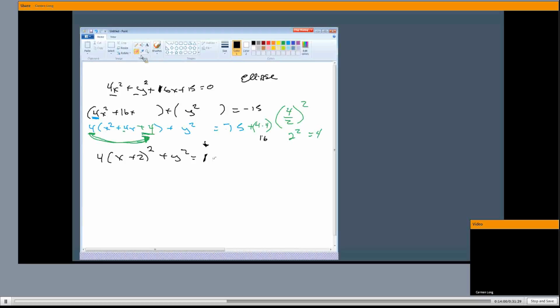Not a good example if I can't come up with why and how we handle that. Typically what happens is there's a number here and you divide everything by that number so that you make this be a 1. This is already a 1.